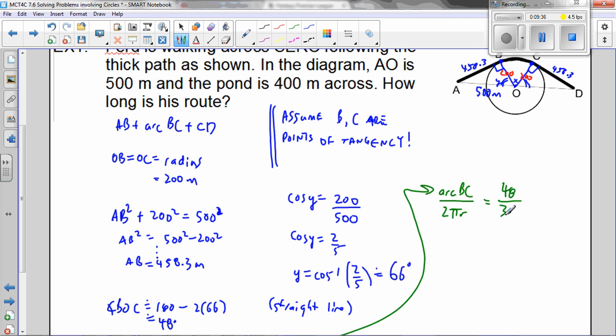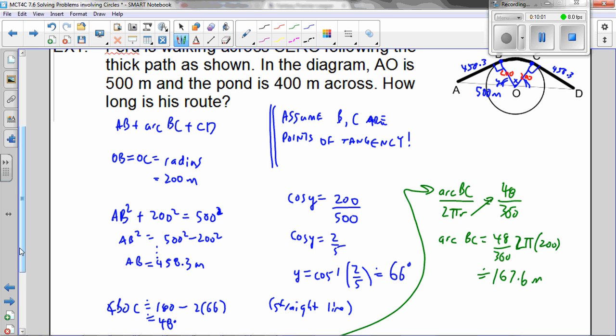The circle is 360, and I can solve for my last unknown here. Cross multiply. Times 2 pi, and the radius is 200, we said. Fire that into a calculator, and you get around 167.6 meters, about.